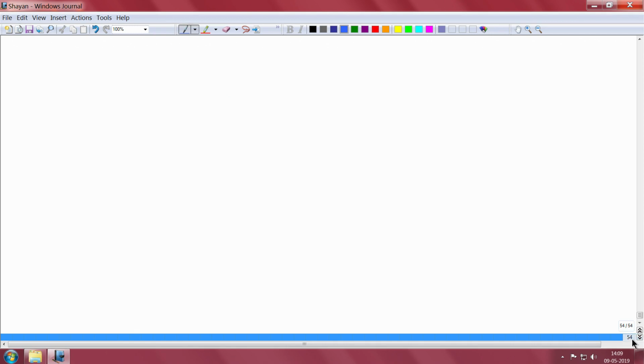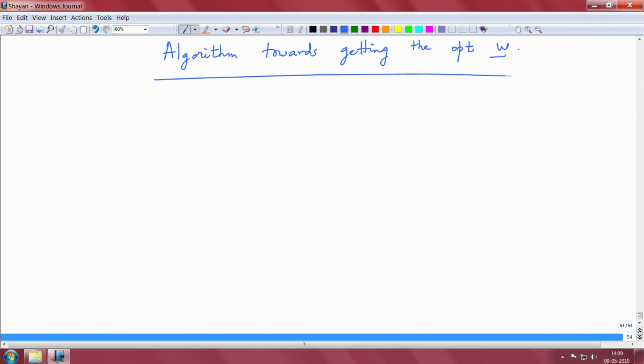Okay. Now, here is an algorithm towards getting the optimum value of W. Right? We have not said what is optimal. I mean, the optimality here is if we solve the problem of linear separability, then we say we have a solution, right?